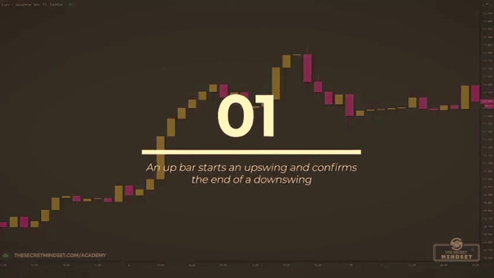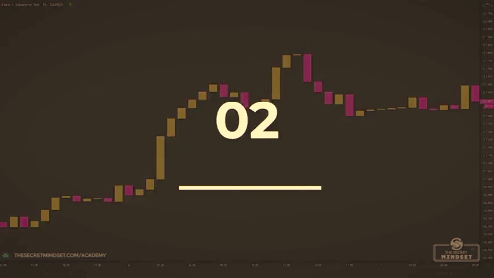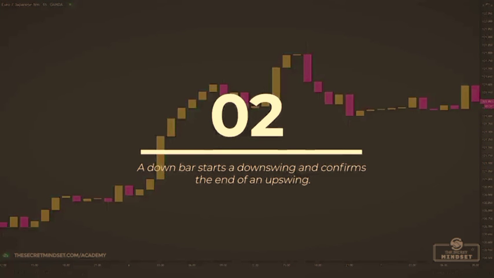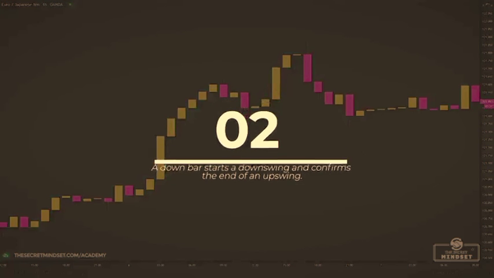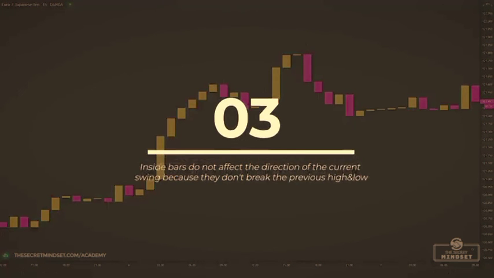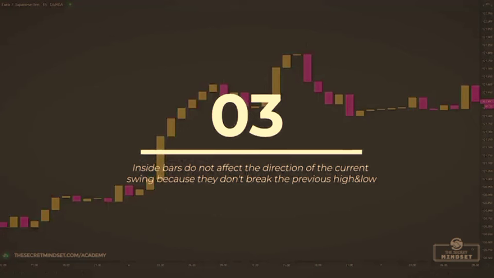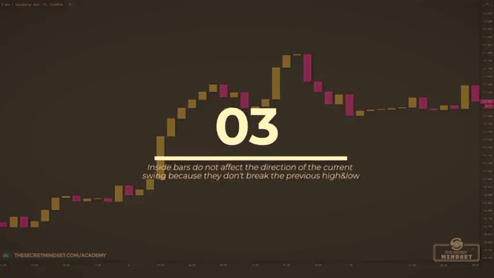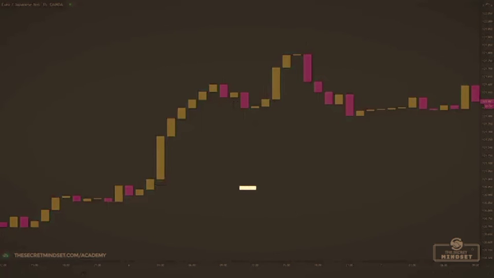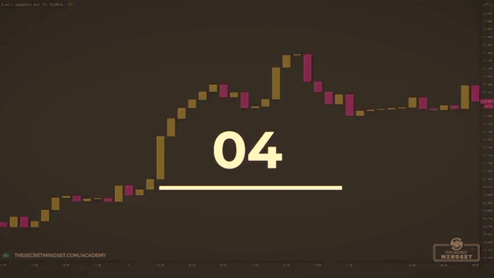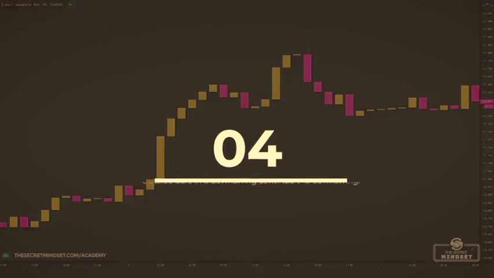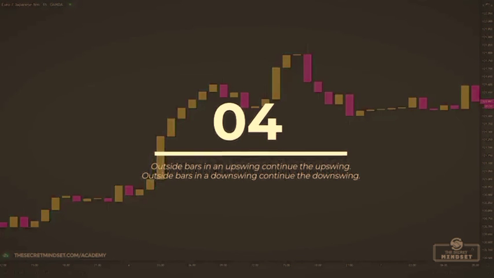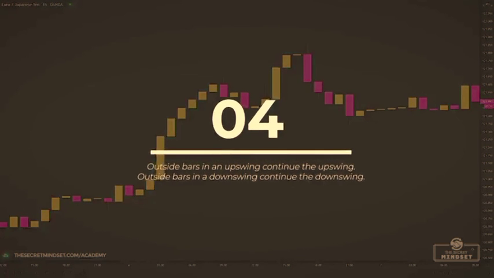Let's identify the candles in this example. We have 4 up bars, followed by an inside bar, another 3 up bars, and another up bar, despite being a red candle, because the high and low were higher relative to the previous bar. We then have a down bar, 3 up bars, 2 down bars and an inside bar, up bar, then an outside bar.